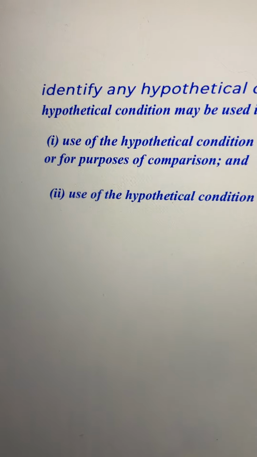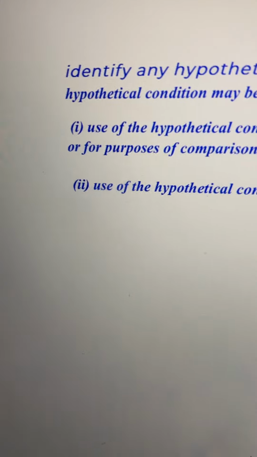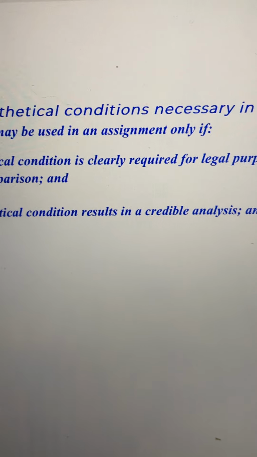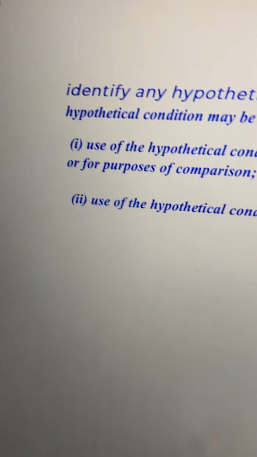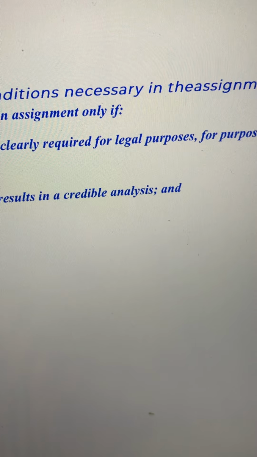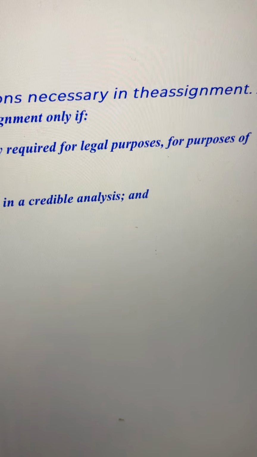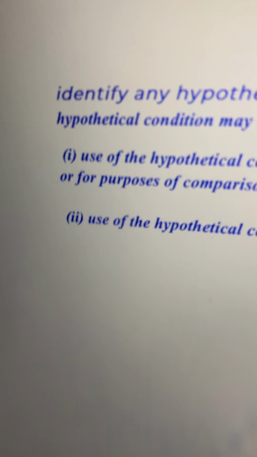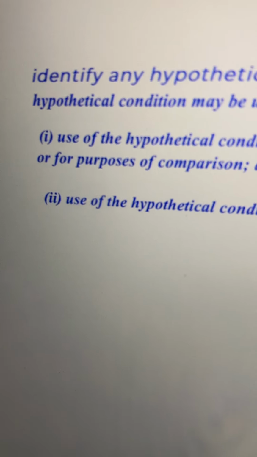G. Identify any hypothetical conditions necessary in the assignment. A hypothetical condition may be used in an assignment only if Roman numeral 1. Use of the hypothetical condition is clearly required for legal purposes, for purposes of reasonable analysis, or for purposes of comparison.